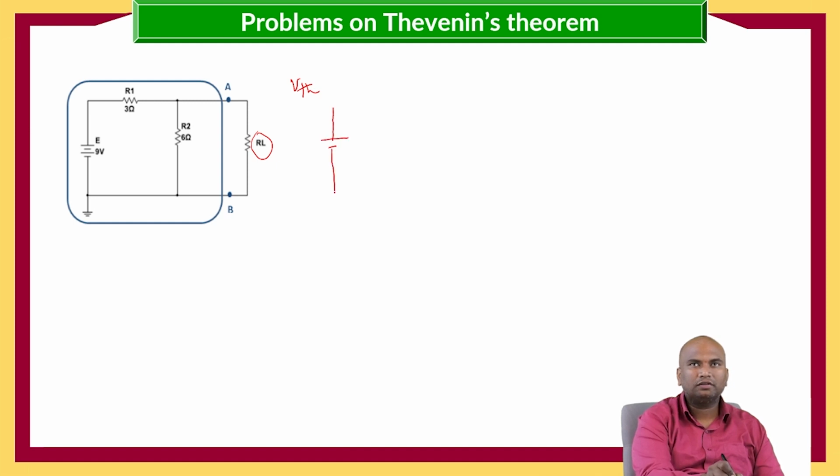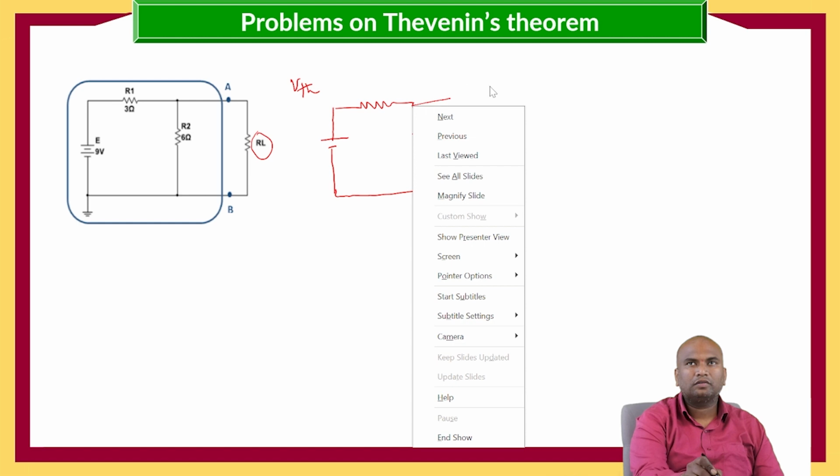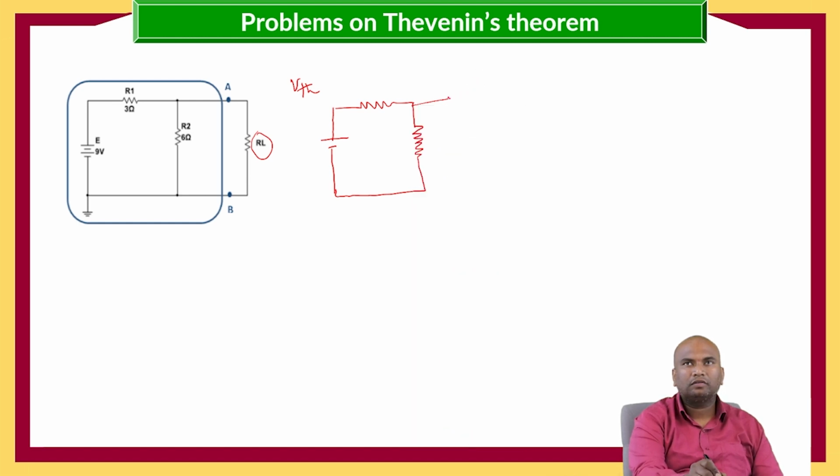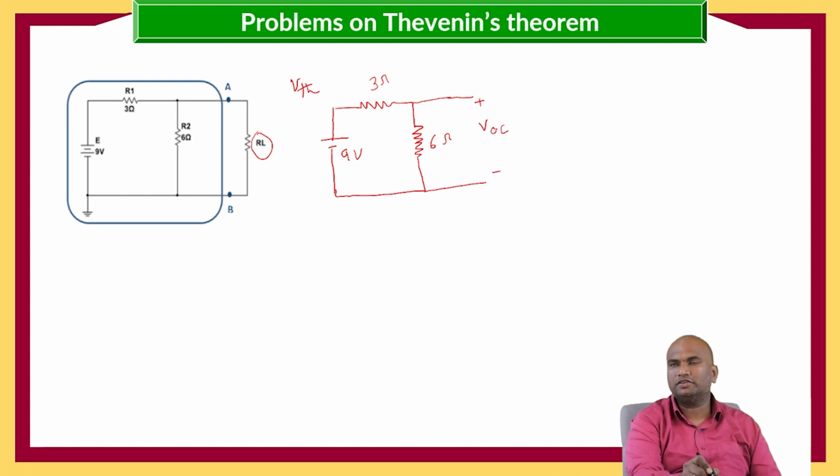So here 3 ohms, 6 ohms, 9 volts, and here we need to calculate the open circuit voltage.